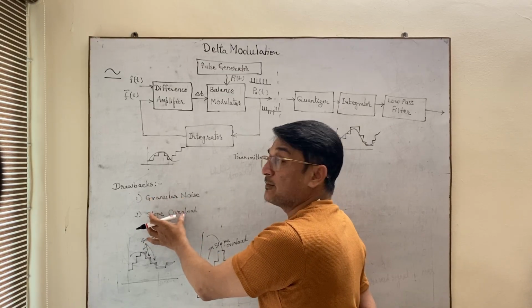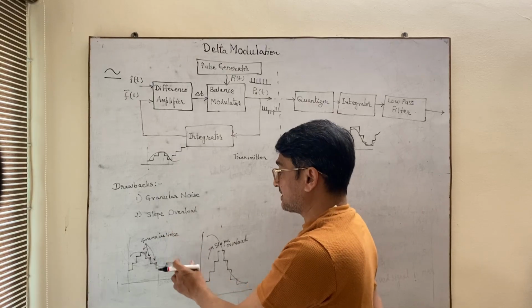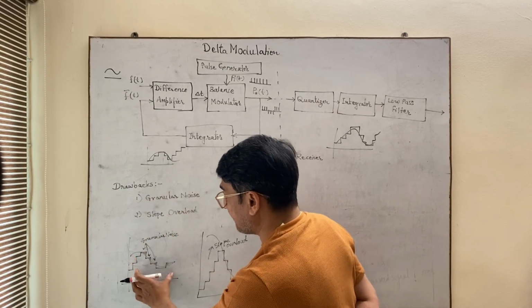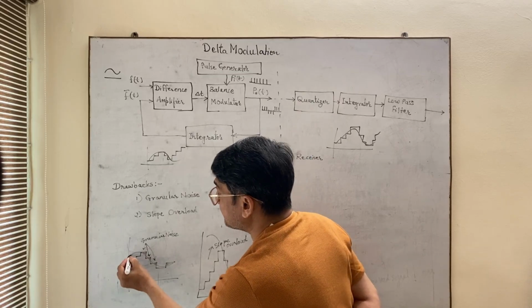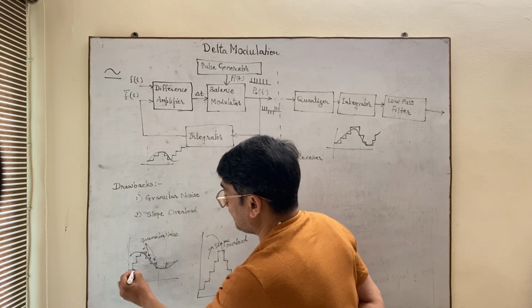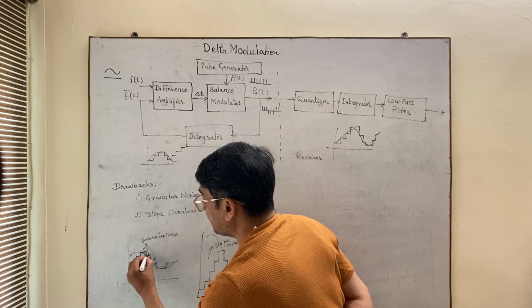These two problems you will understand better by the diagrams. For the first type of drawback, granular noise, I have drawn this diagram. Let us say this is your modulating signal. Now the step is uniform, so it is uniformly following this signal.